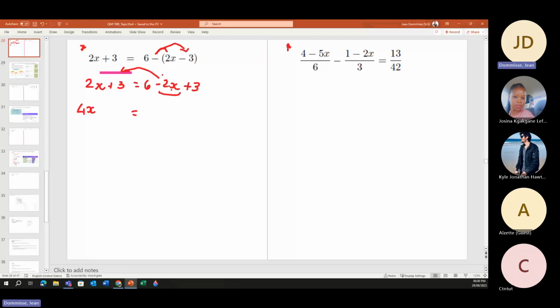Then I need to take all the constants to the other side. To get rid of the +3 here, I subtract 3 on both sides. So that will disappear, but on this side I have 6 plus 3 minus 3. So then my answer will be 4x equal to, so 3 minus 3 cancels out, 4x is equal to 6. So x is equal to 6 over 4.